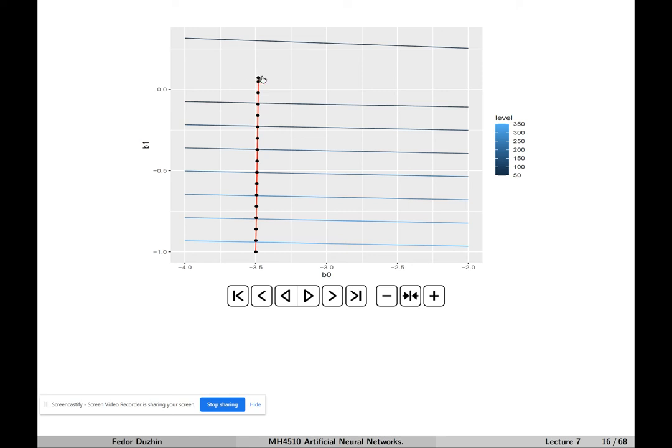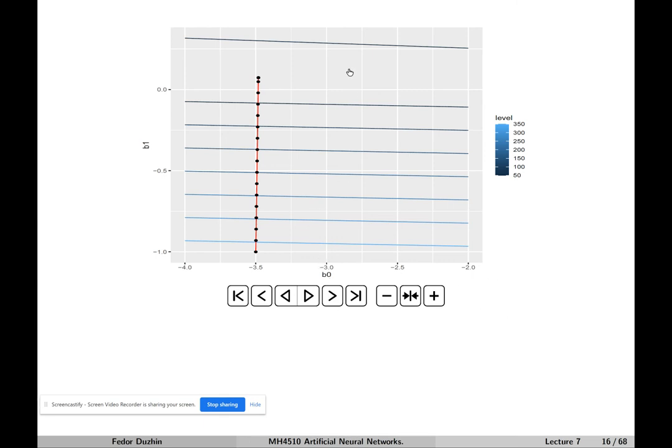The level at the bottom of this hollow is almost the same for different values of beta 0 and beta 1. So it's a very long line, and along this line the values of the loss function are almost the same. They change just a little bit. Which is why, when we continue doing these steps of gradient descent, we can't really see any visible change.